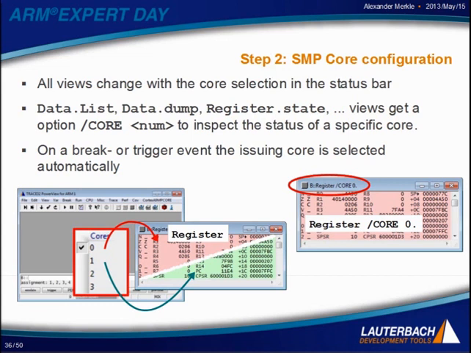You can do this also. Each window which is core dependent, for example, the register view, data list, data dump, peripherals, will get an option to select a specific core. So this window, register/core 0, is now fixed to the first core. It will no longer depend on the core selector down here.